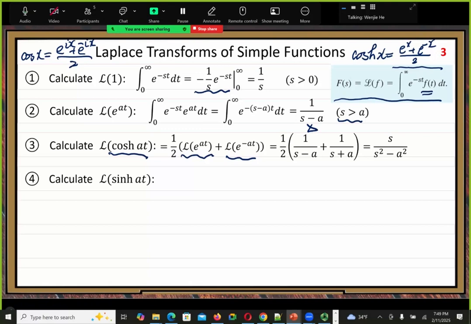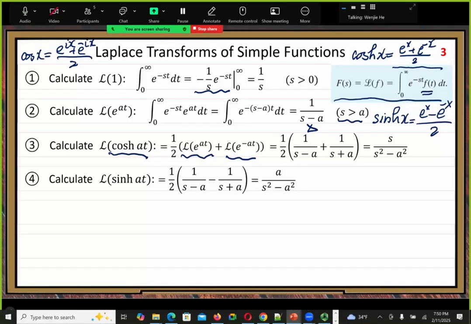You just change plus to minus: sinh x is e to the x minus e to the negative x over 2. So you apply the linearity property and simplification, and you get the Laplace transform of the hyperbolic sine function.